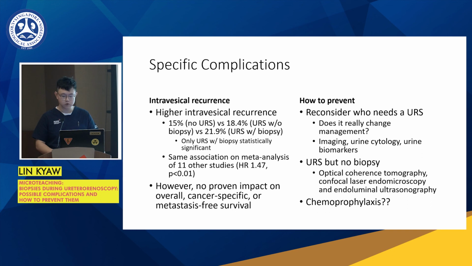And we also know from the ODMIT-C trial that there is a reduction in the risk of de novo bladder cancer following RNU when we give post-operative intravesical mitomycin. However, there has not been any good study looking into chemoprophylaxis in reducing intravesical recurrence for patients who have undergone a URS biopsy. Although this should instinctively work, that's what I think, there isn't really good evidence out there yet. So this is something worth considering.